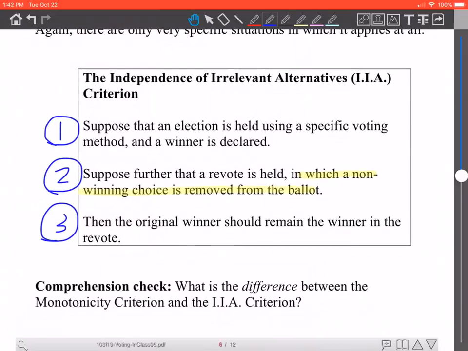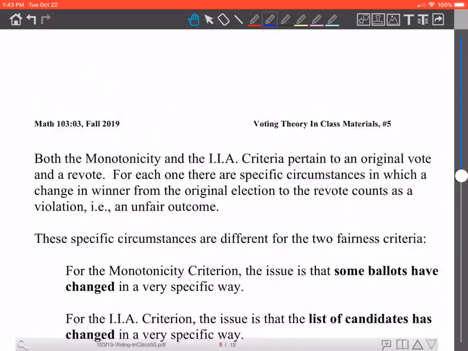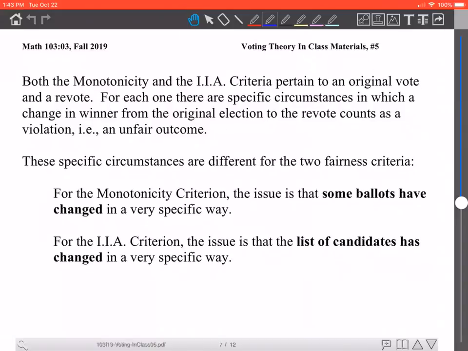Okay, so keep in mind the difference between monotonicity and IIA. They sound very similar because they both involve revotes, but they are not the same. I have the difference highlighted on the next page, but you want to make sure that you understand what the differences are as well. So in monotonicity, some ballots have changed, so the voters caused the change. For IIA, it's a change with the list of candidates.